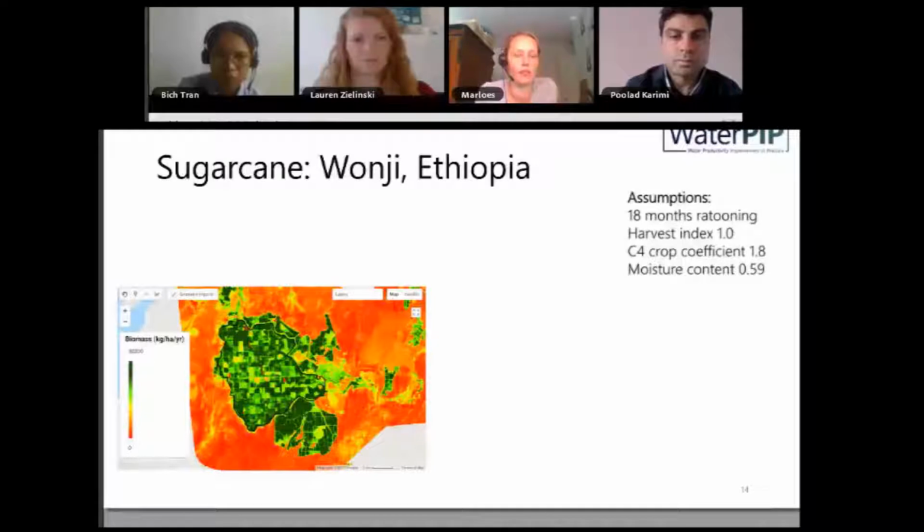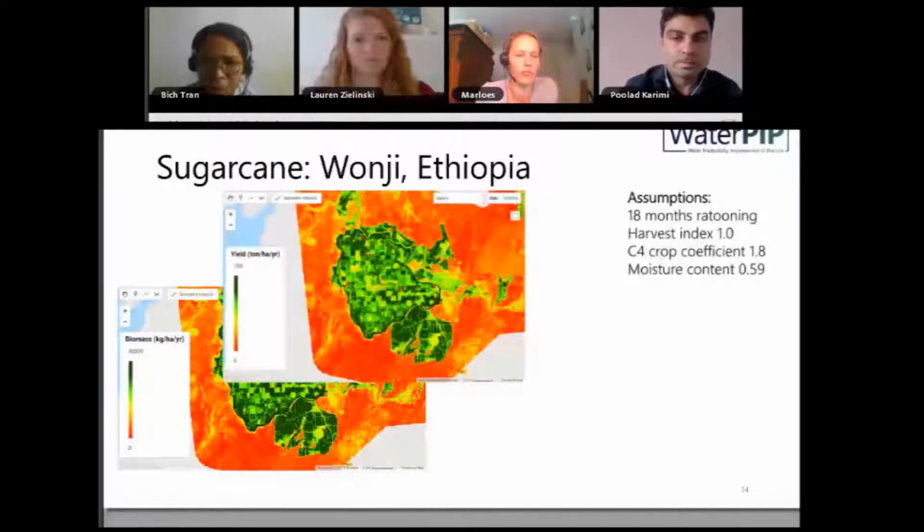So we did that for a case study in Ethiopia. This is a large irrigation system for sugarcane, where you see here the biomass production in the area, and the green part is the irrigation field, and the surrounding areas are the red areas with very low biomass production.